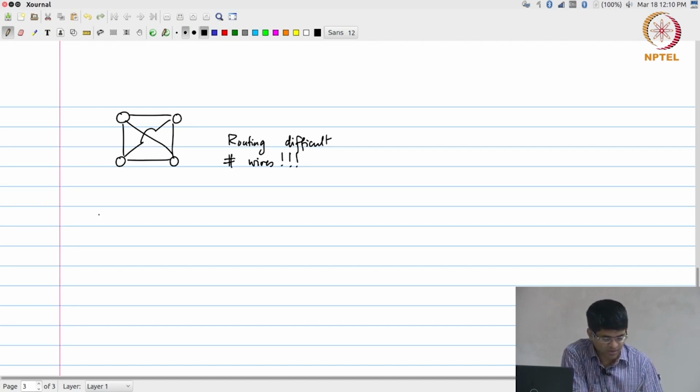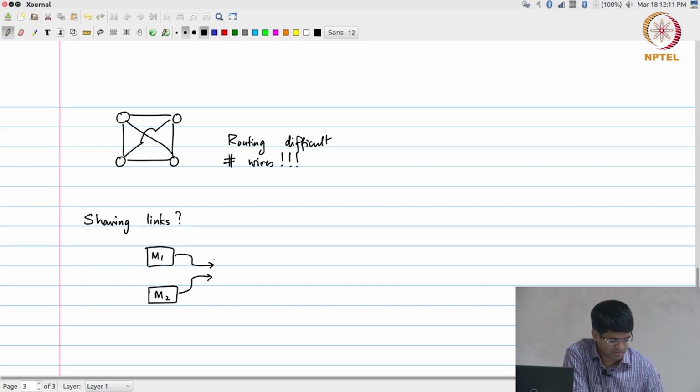The moment we are talking about sharing a link, it becomes a question of how do I take a wire and share it between 2 modules. In other words, I have M1 and M2, both need to be able to change the voltage on a given wire.